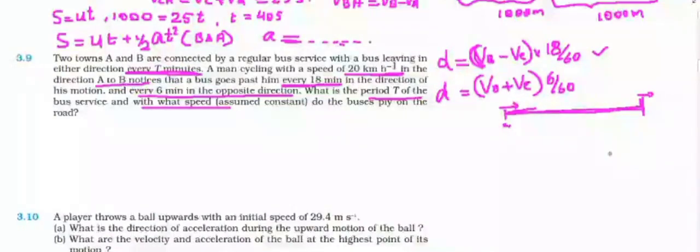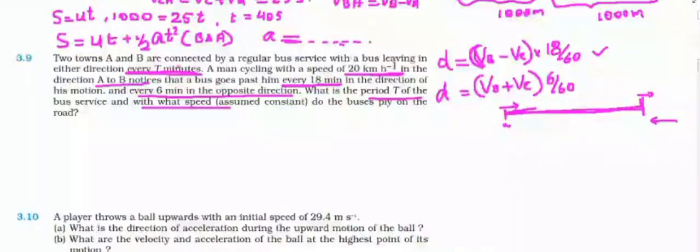So the distance traveled by a bus from the first overtaking to the next overtaking. The bus is traveling with the same speed in the opposite direction with the same time interval t.